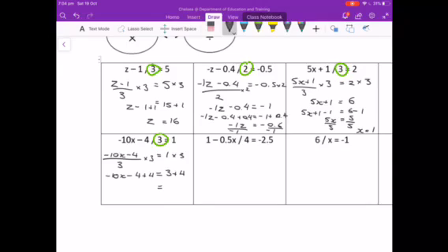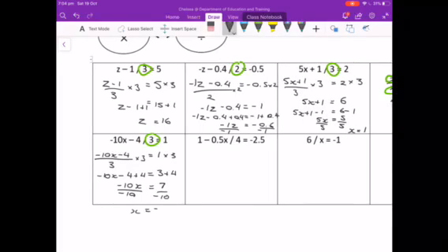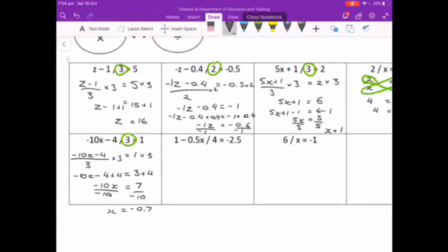Negative 10x equals 7. We have to divide it by negative 10 because we only want 1x and we want that x to be positive. And 7 divided by negative 10 equals negative 0.7. So that x value does not always have to be a whole number, but you could substitute it in to check.